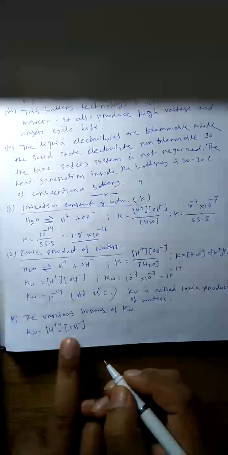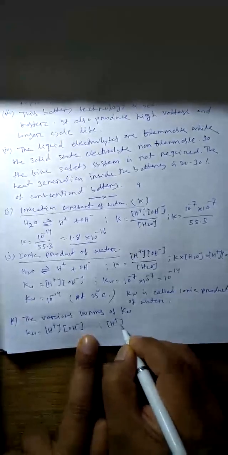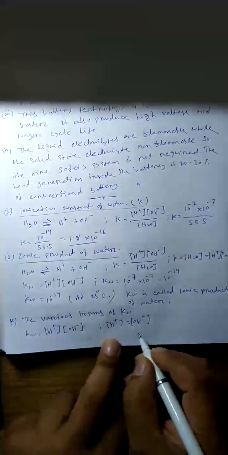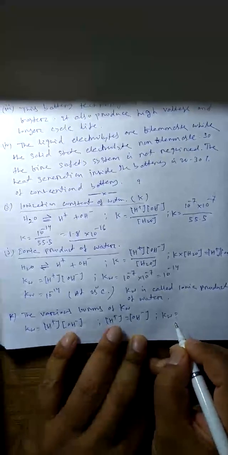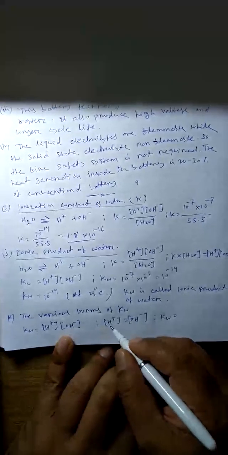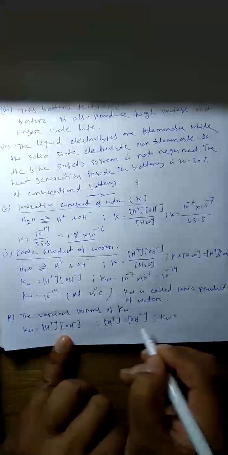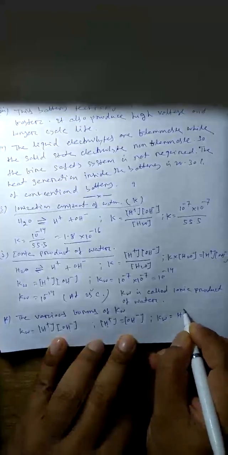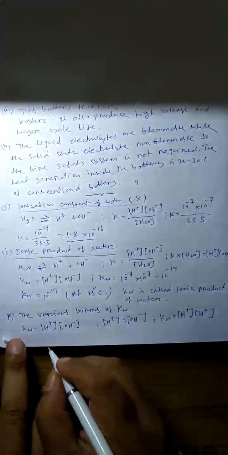We know that water is neutral, so H plus concentration is equal to OH minus concentration. So in place of OH minus I can write H plus, and Kw is equal to H plus concentration times H plus concentration.